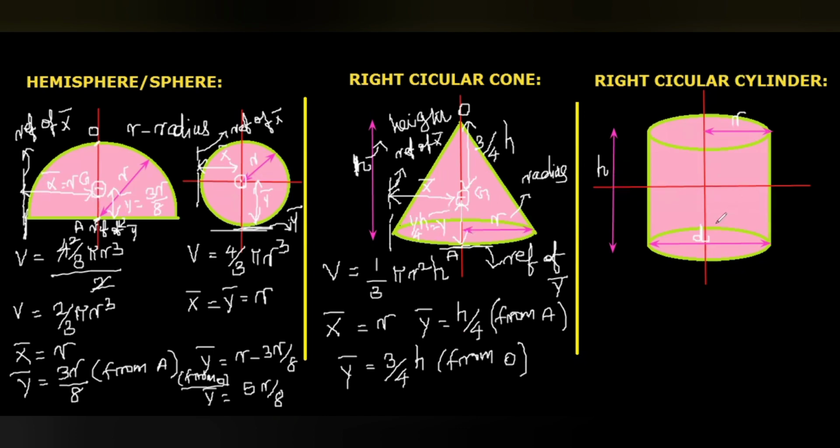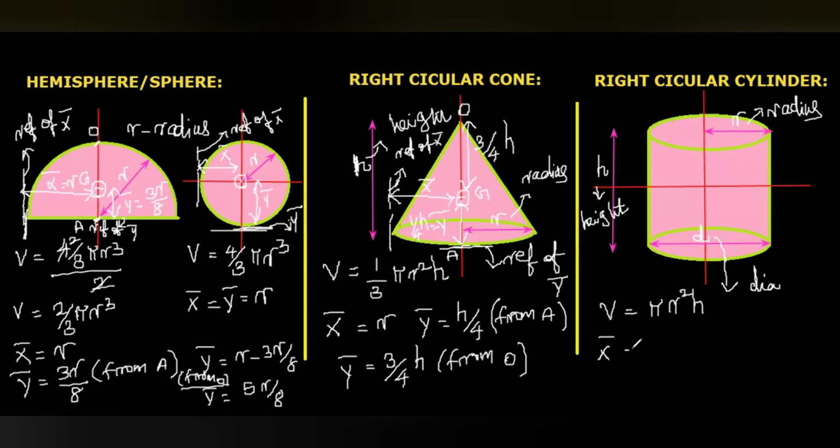Okay. Then right circular cylinder. Here h is the height, d is diameter, r is the radius, and h as usual height. Okay. So volume of the right circular cylinder is pi r square h.